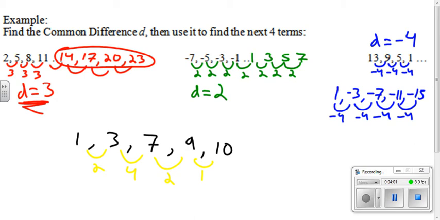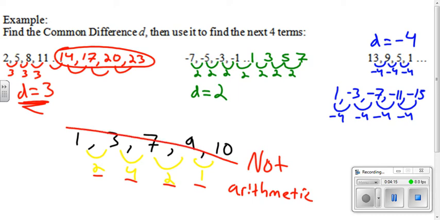You would have to say no, it is not an arithmetic sequence because it doesn't have that common difference. Each time there's a difference for sure, but they're not the same. All these other ones count by the same amount each time. So that's how you could tell what is and what is not an arithmetic sequence.